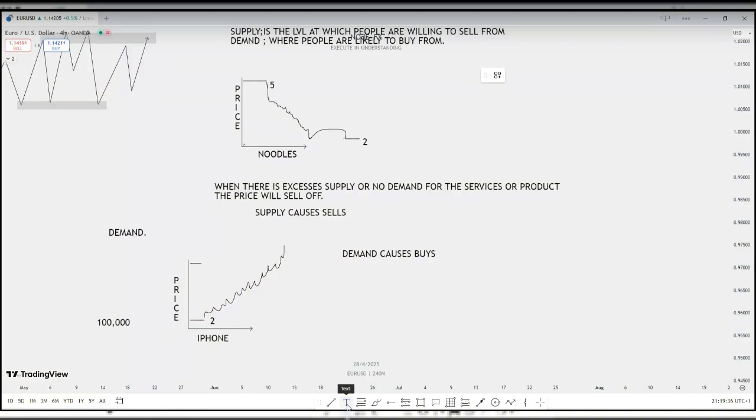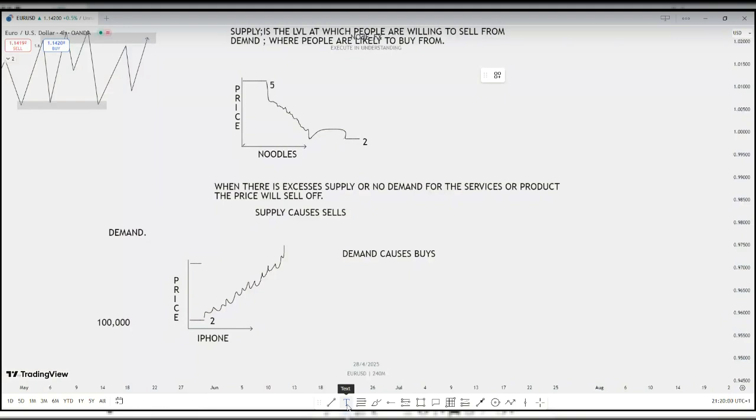Why? Because people don't need it. When people don't need a product, it starts selling off until the price becomes cheaper to a point. That's when demand comes in. Demand comes in when people need this product and the product is not much.